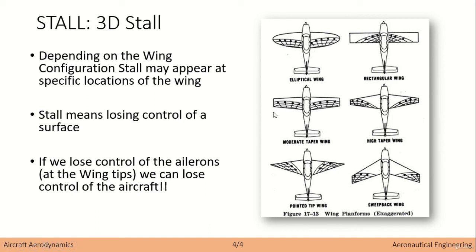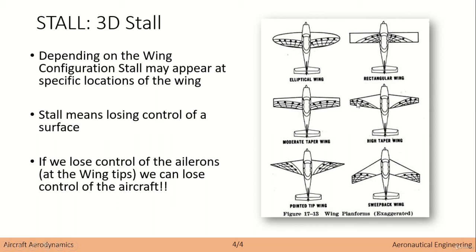But if we have some ailerons to change the direction of the aircraft, if we actually have stall, okay, on the aileron side itself, then even if we move the ailerons, we are unable to control our aircraft because we have stall. So what I mean when I say that stall is related to losing control of a surface is that if we have stall at some specific point where we are controlling the aircraft, say like the ailerons, then we may have a problem, okay?